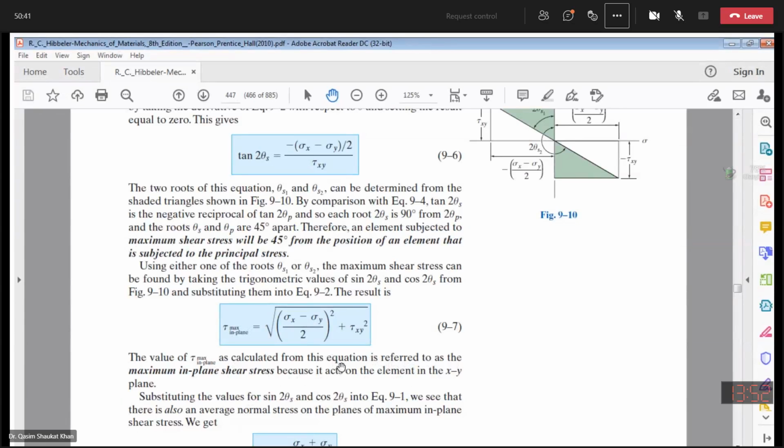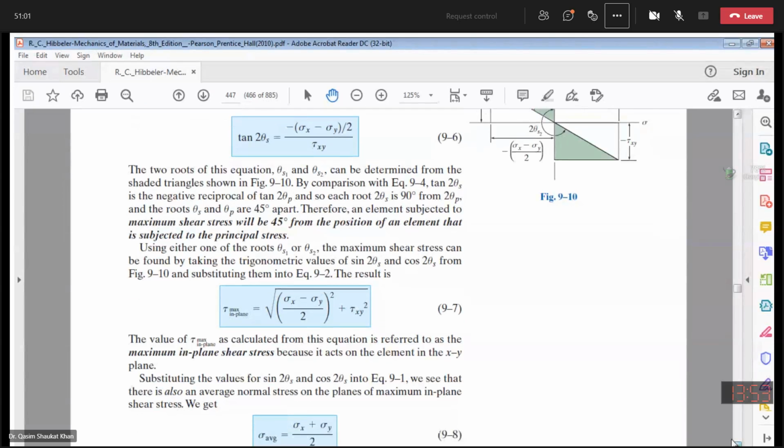ठीक है जी? So the maximum shear stress can be found by finding the trigonometric values of sin 2 theta s and cos 2 theta s in equation 9(2) or equation 3. You will get this maximum in plane shear stress which will be just equal to the resultant. ठीक है जी?